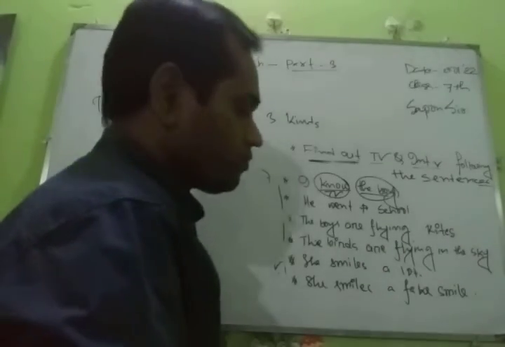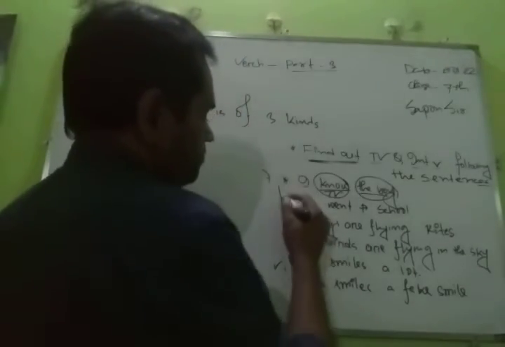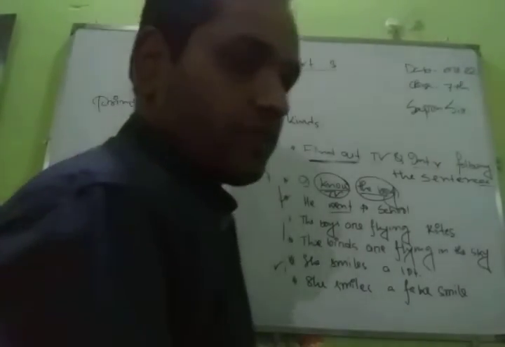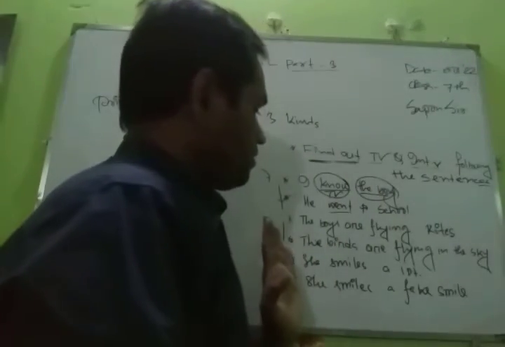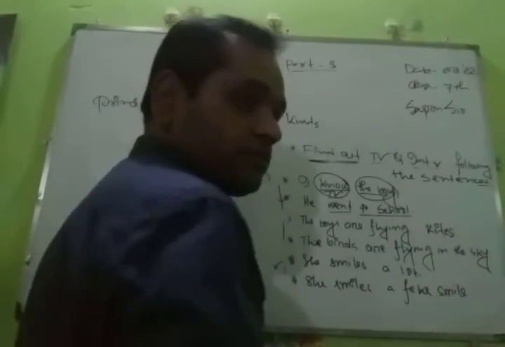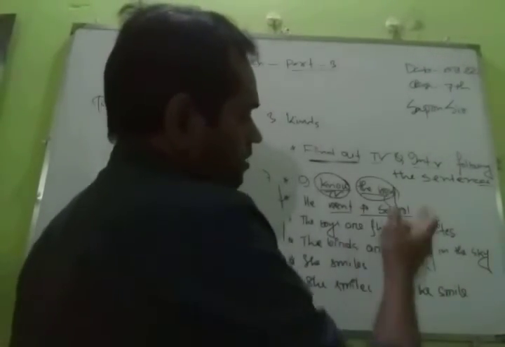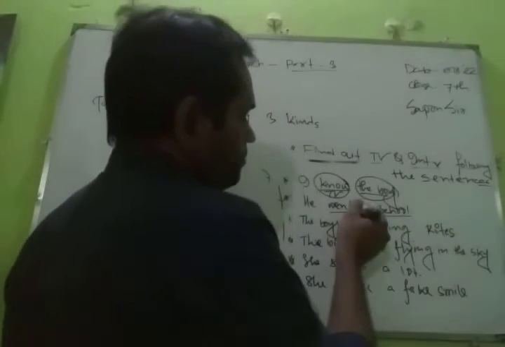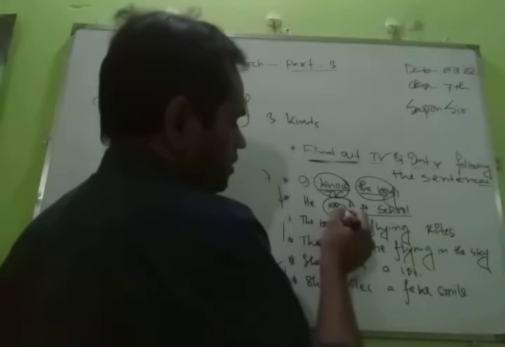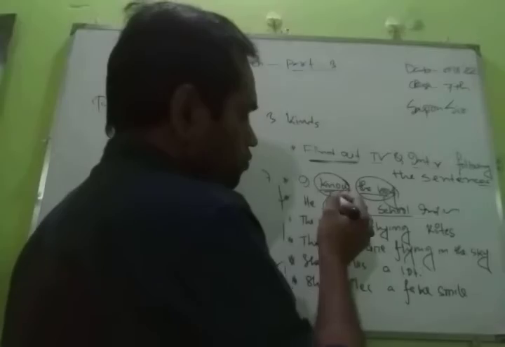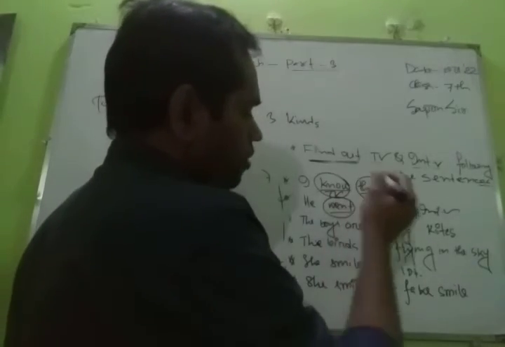Have you understood? Then the second step: when is it intransitive? That is, there is no object. In the sentence, if the object is not available, that verb is called the intransitive verb, because we do not get the object.